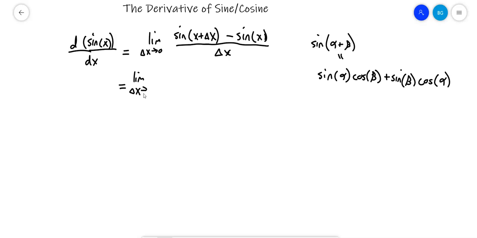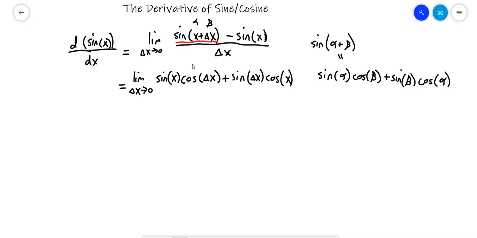So let's go ahead and write that out. In this case x is like our alpha and delta x is like our beta. So it's going to be the sine of x cosine delta x plus sine delta x cosine x. Maybe I can color code a little bit.